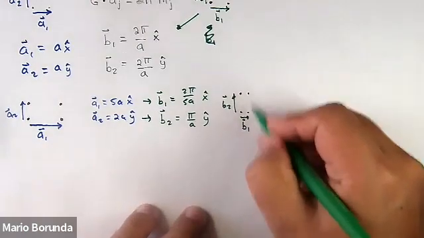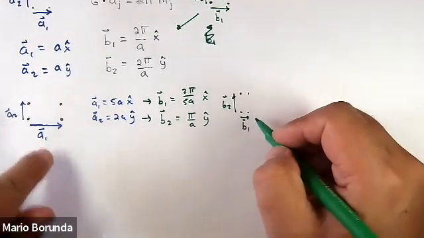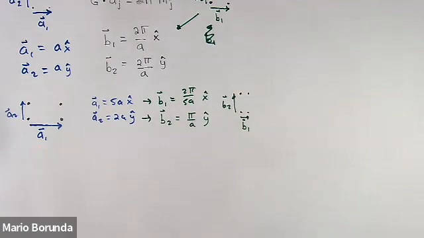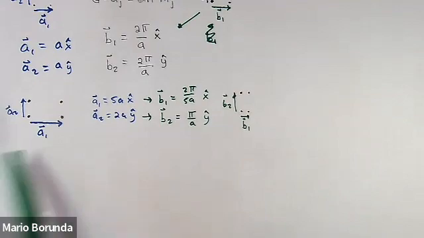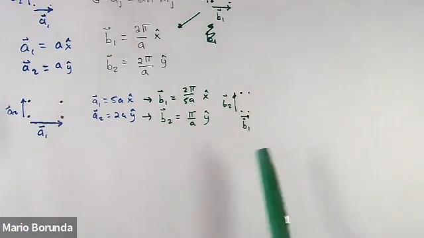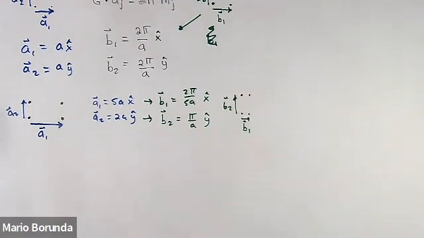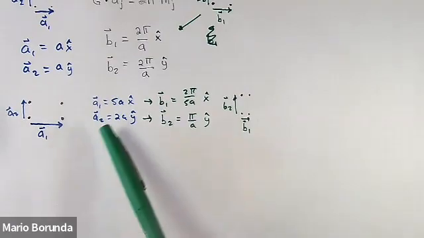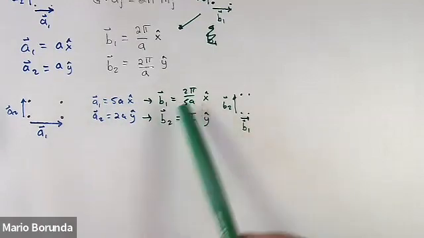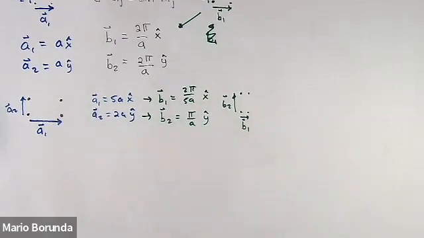And then you can see that, well, it's not to scale between the two, but the longer vector A1 has a smaller reciprocal vector in the same direction. And that's because between this one and this one, you get to 2 pi. Between this one and this one, you get to 2 pi. So those are your lattice vectors. Those are your reciprocal lattice vectors. So you have the real space, reciprocal space.